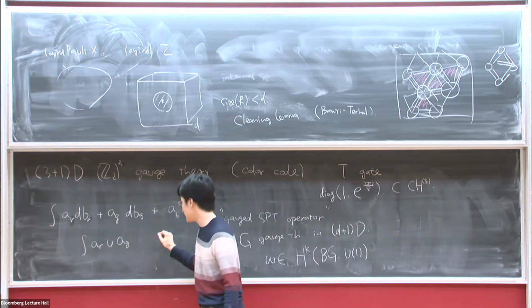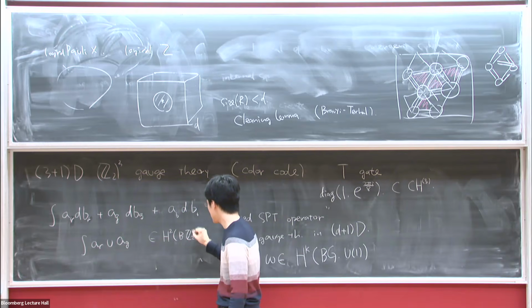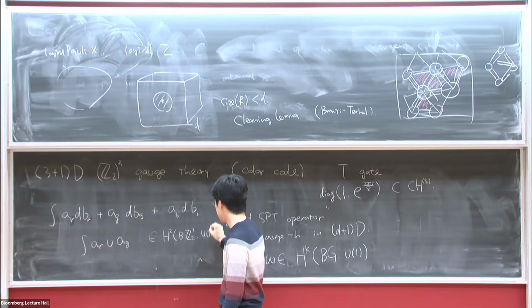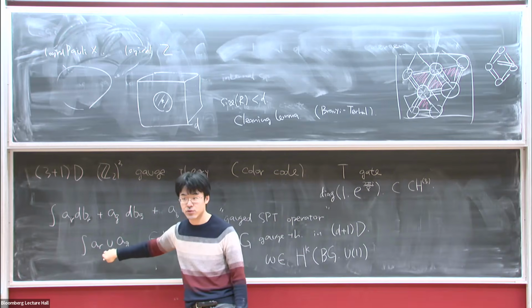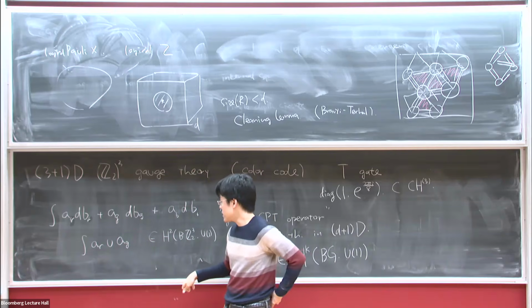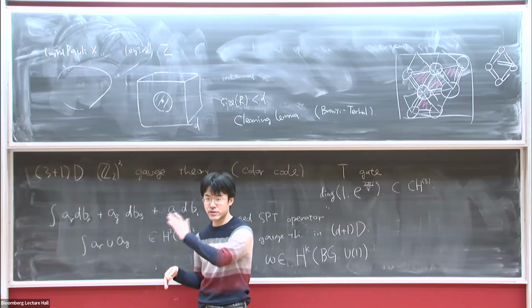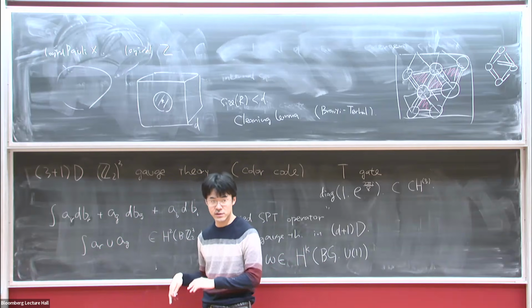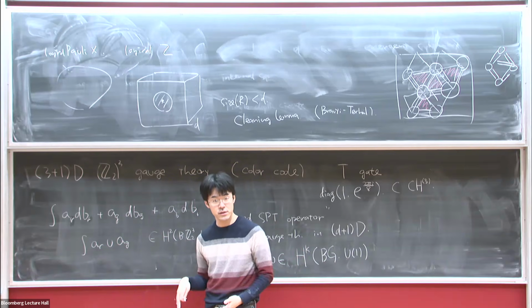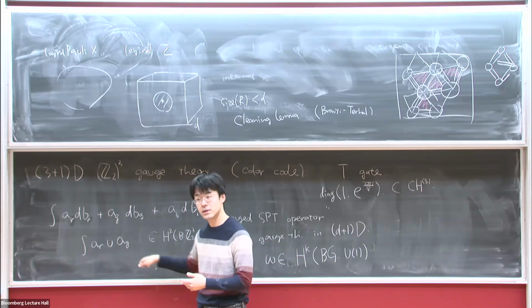This is an element of H2 of Z2 cubed. In condensed matter language, it is understood as the response of the cluster state. Physically, it can be regarded as decorating the cluster state with Z2 times Z2 symmetry and then gauging the Z2 symmetry. Then it defines some defects of the topological order.